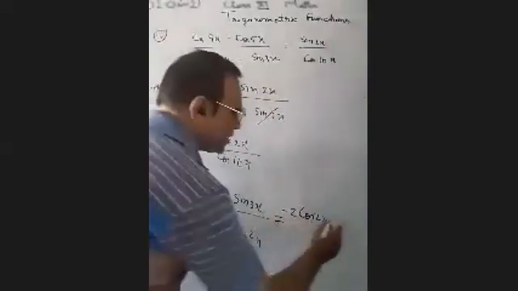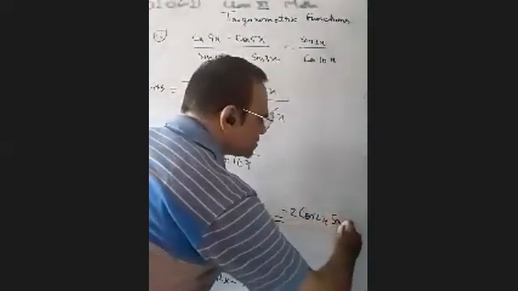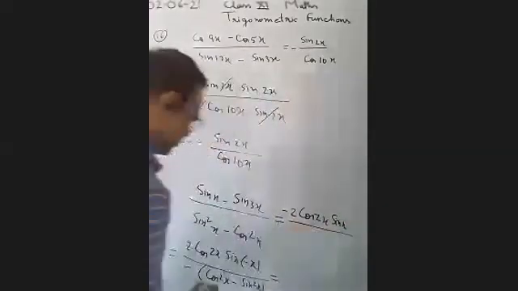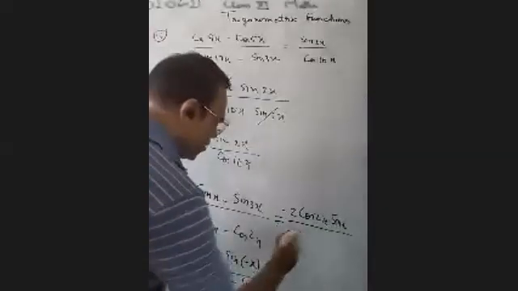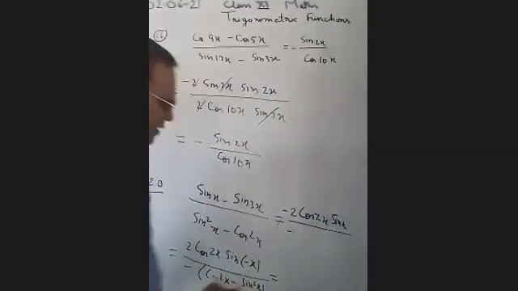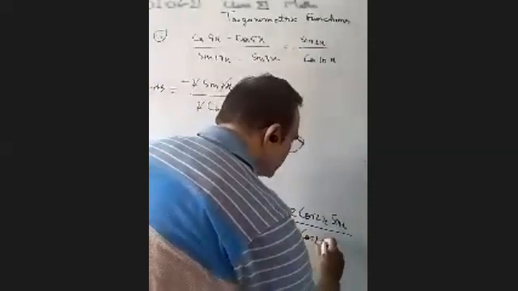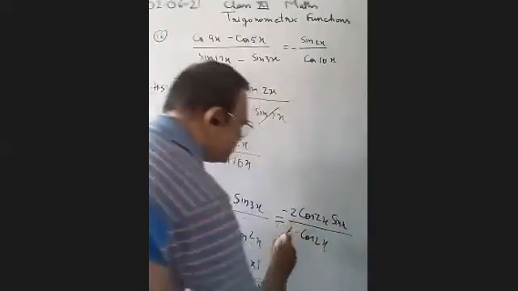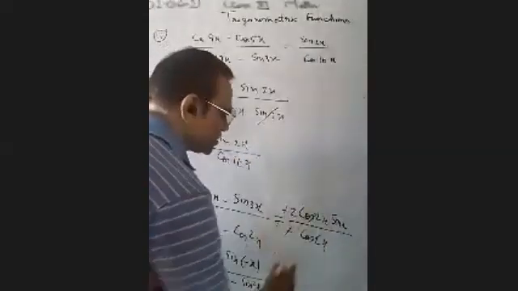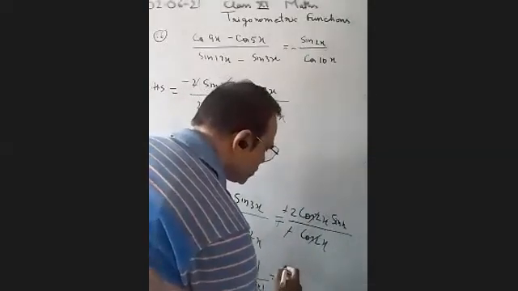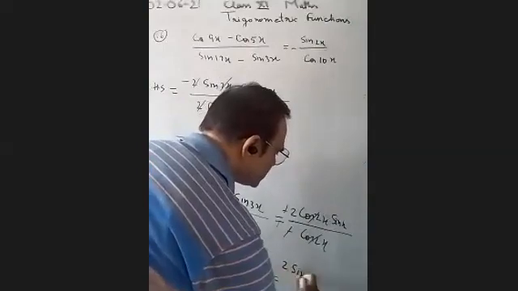The minus we have put here will be equal to sin x. In the denominator we have minus, and cos square theta minus sin square theta is equal to cos 2theta, that is cos 2x. So we can cancel minus with minus, cos 2x with cos 2x. So we get the answer 2 sin x.